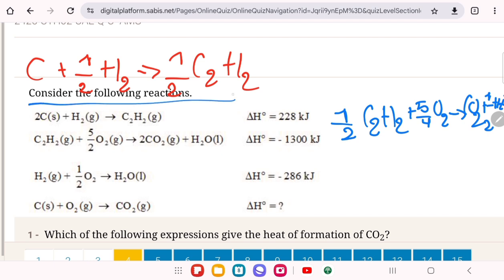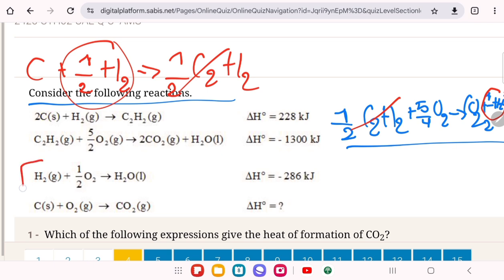So in these two equations, the only thing that we can cancel out is the C2H2. That means to get rid of the 1 over 2 H2O and the 1 over 2 H2, we need to take this equation and flip it. Because if you noticed, we have H2 in the reactants, but we need it to be in the products.